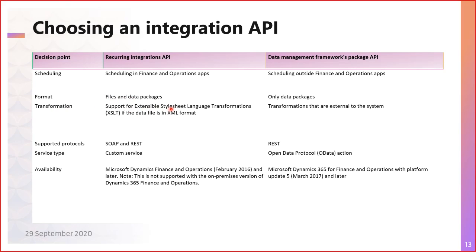You can transform your data. If the data files are coming as XML files, you can define your XSLTs, and then it transforms your data. Supported protocols for this type of integration are SOAP and REST. Both are supported, and these are custom services. It is available since 2016, so it's pretty mature and solid as of now.